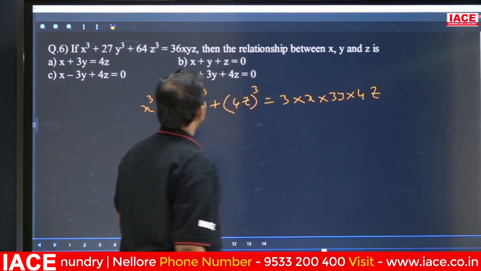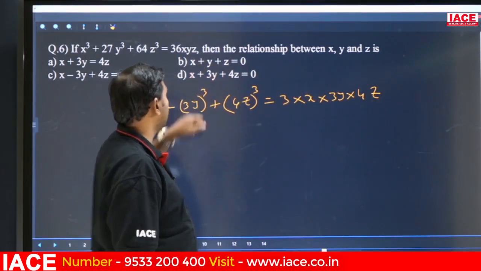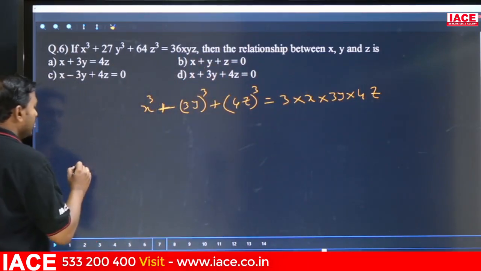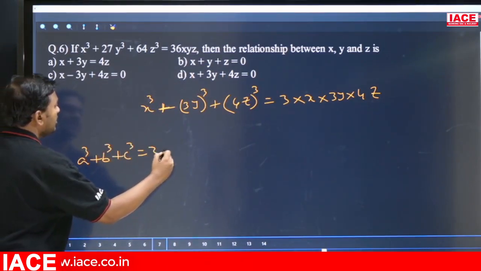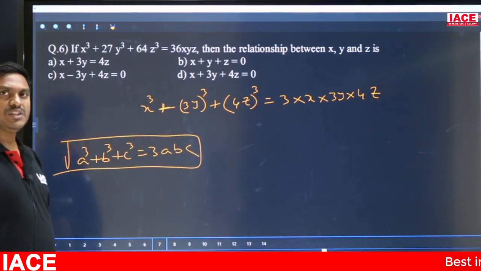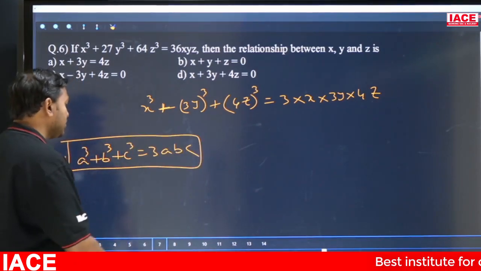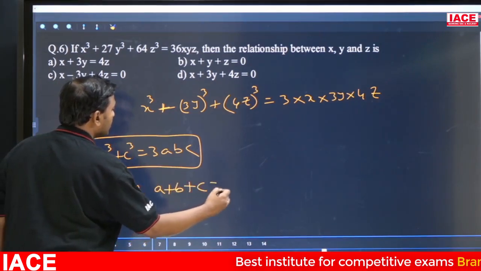Exactly, it is 36xyz. Just see, 4 3s are 12, 12 3s are 36, 36xyz. So it is in the form of A cube plus B cube plus C cube equal to 3ABC. If A cube plus B cube plus C cube equals 3ABC, what is the condition? Then what happens? A plus B plus C equal to 0.